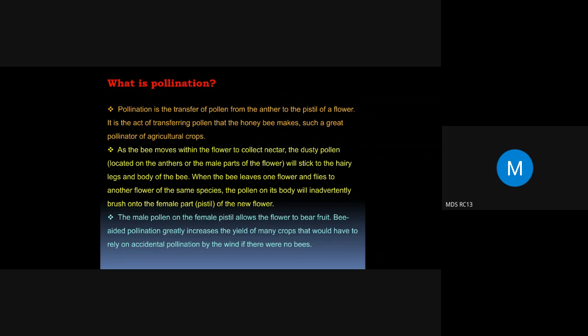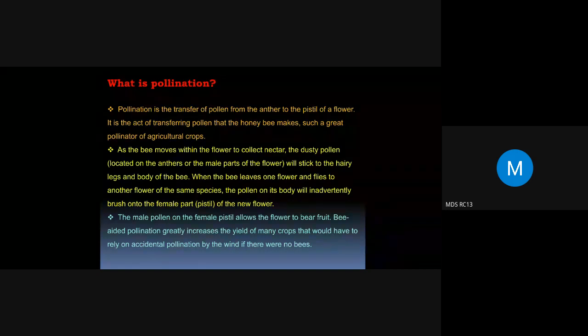These hairs collect the dusty pollen, and later it is combed by the bee with the help of the foreleg, transferred to the mid-leg, and deposited on the hind leg in its pollen basket. And later it is carried to the hive of the bee.